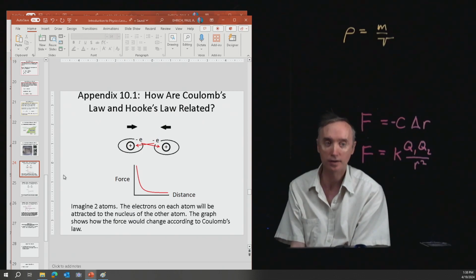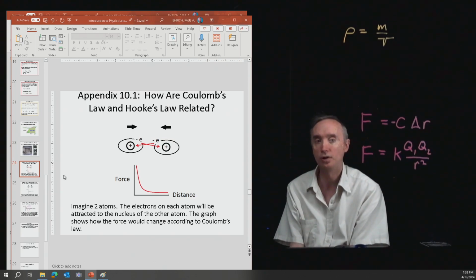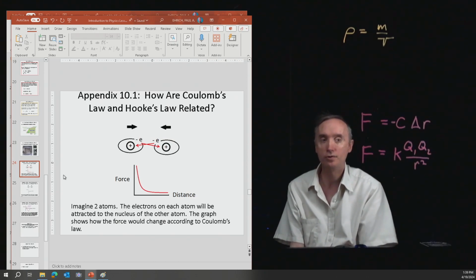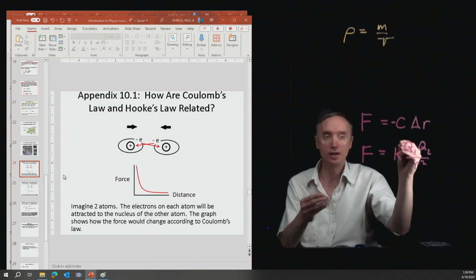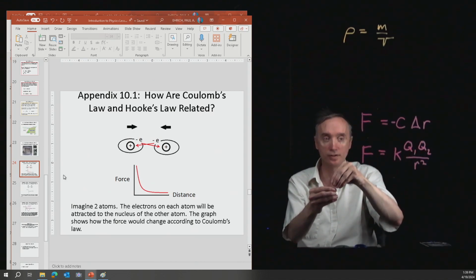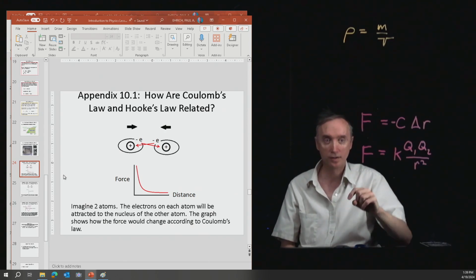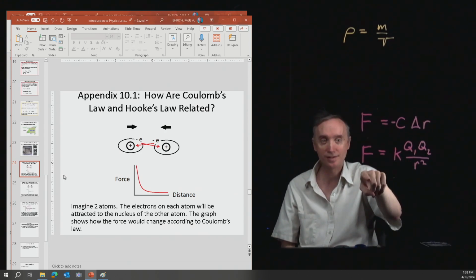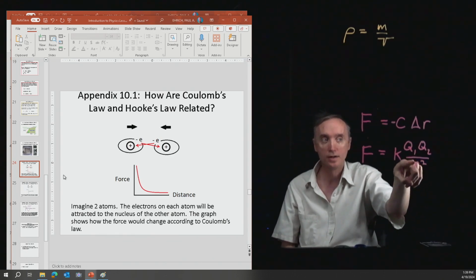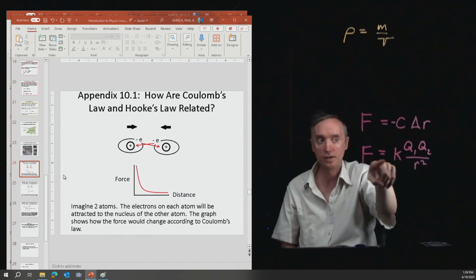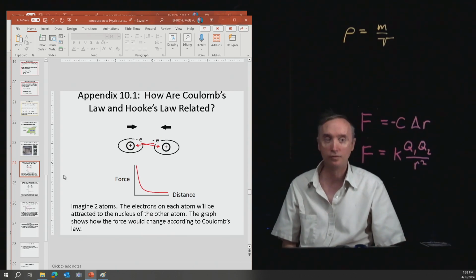Opposites attract. So the graph shows how the force would change according to Coulomb's law. Notice that the closer the electron gets to the nucleus, the stronger the force gets, because as the distance r gets smaller, then F gets larger, because r is in the bottom part of the formula.